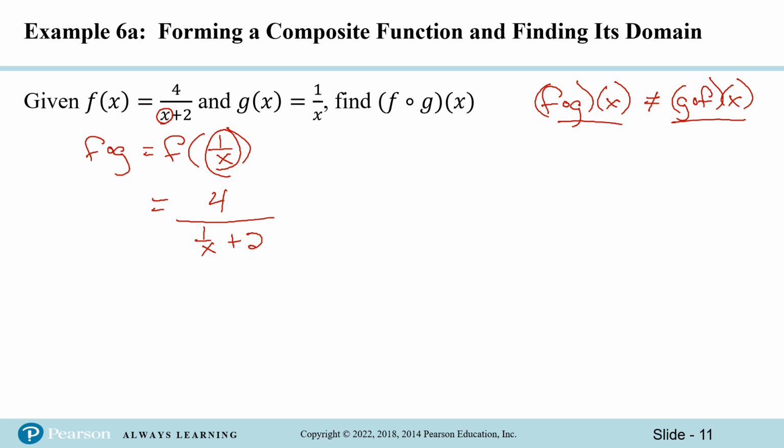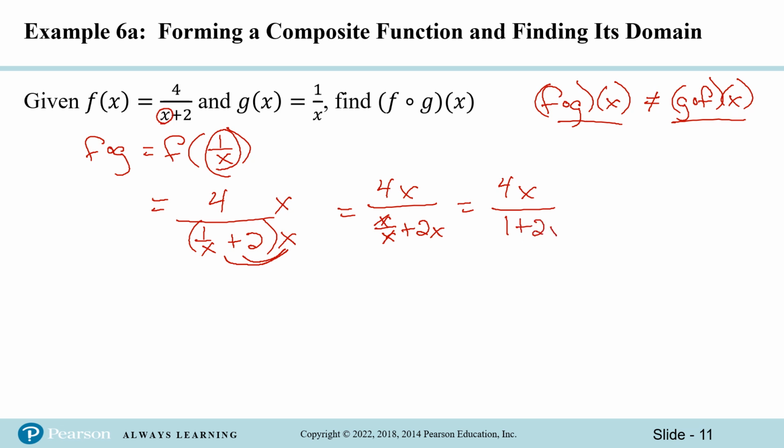It's a complex fraction, so I'm going to multiply top and bottom by x. And that gives me 4x on the top. And then if I distribute the x, I've got x over x plus 2x, and this will cancel to 1. So I have 4x over 1 plus 2x would be the f composed with g.